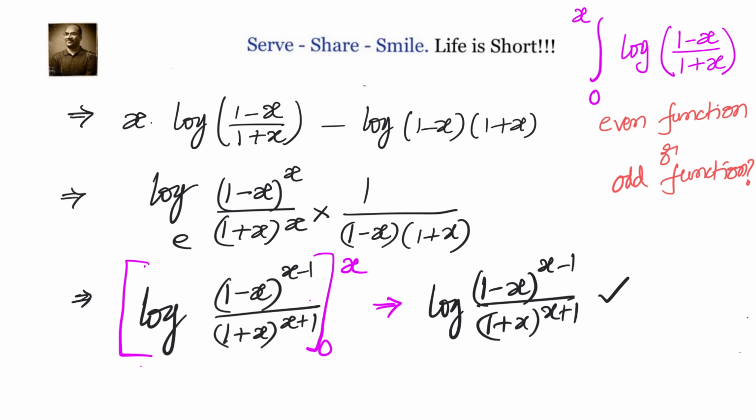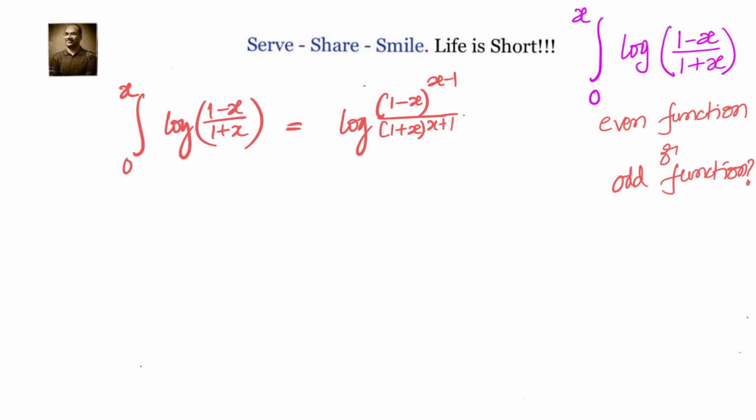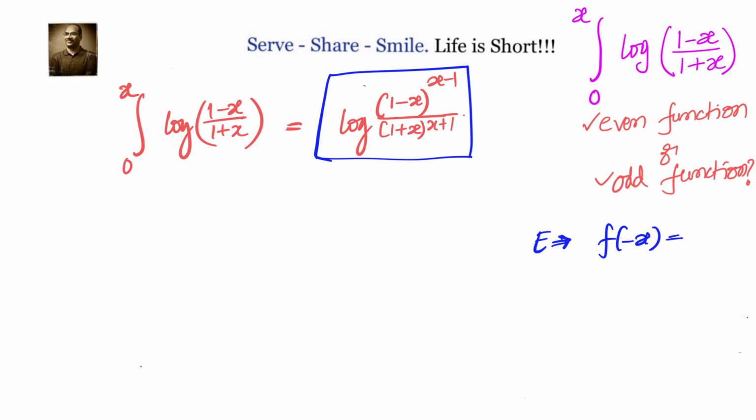Now we have to check whether this is an even function or an odd function. Let us first understand what an even function and an odd function are. If it is an even function, then f of minus x equals f of x.